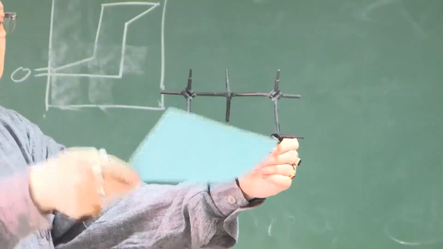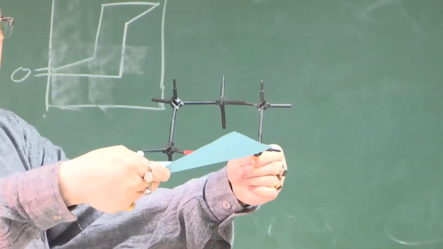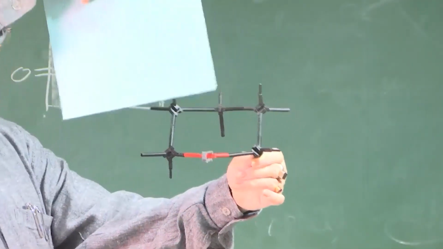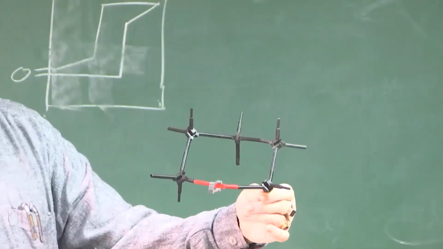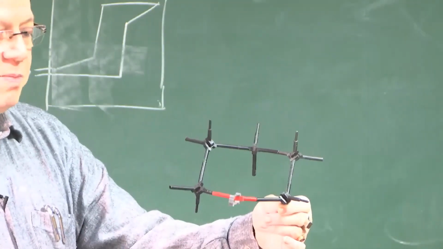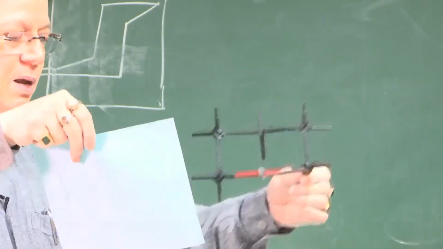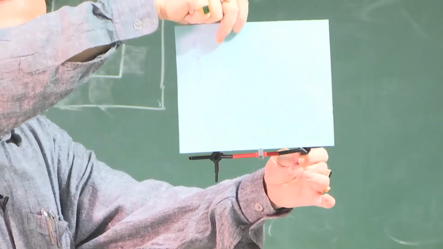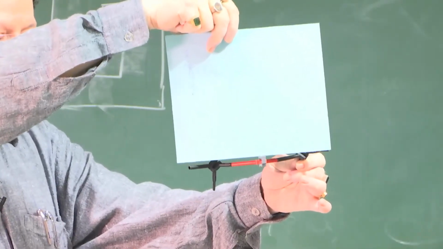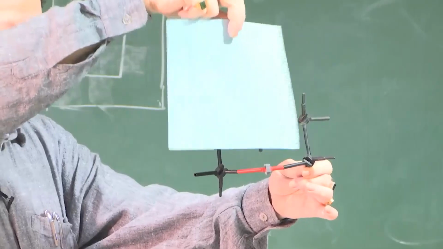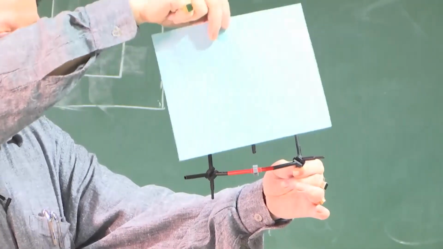One you can call the xy plane, another is the zx plane or xz plane, and the third one is the yz plane. So, basically you are placing three mutually orthogonal planes at the carbonyl carbon.